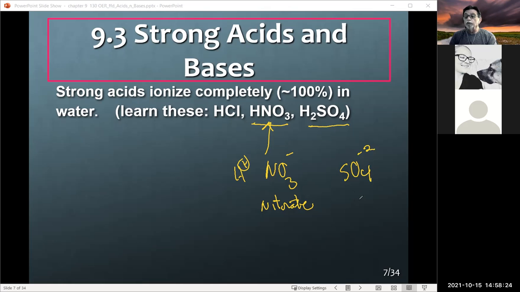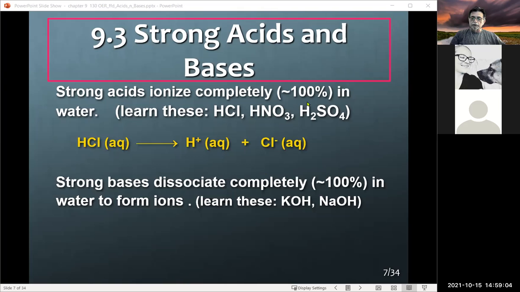SO4 2-, the sulfate polyatomic ion. If I put 2 protons back on here, I make sulfuric acid, okay? And then guess what? If I've got the chloride ion and put my hydrogen back on, I make hydrochloric acid. So a lot of these acids are made from putting a proton back onto a corresponding anion. Okay, strong acids break apart 100%, meaning there are more ions in solution, which makes more protons in solution, which makes it a lot stronger.